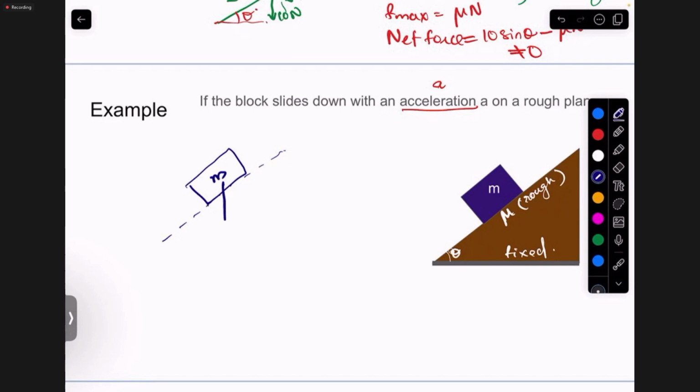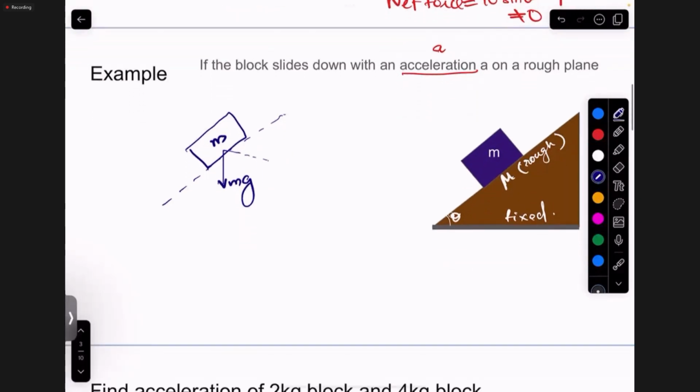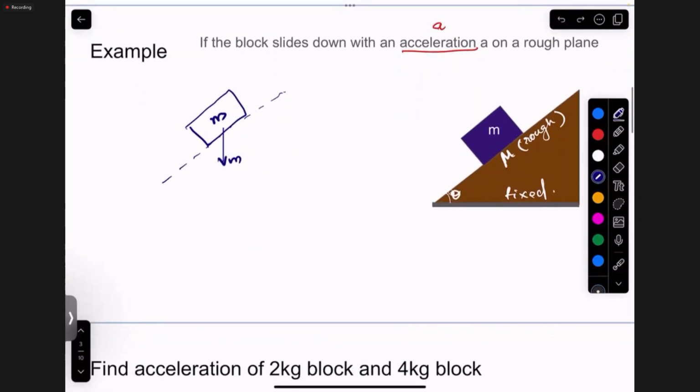It will have a weight mg acting downwards, and you have to resolve this into perpendicular and parallel components. This is perpendicular to the inclined plane direction. This is parallel to the inclined plane direction. So mg will have two components.